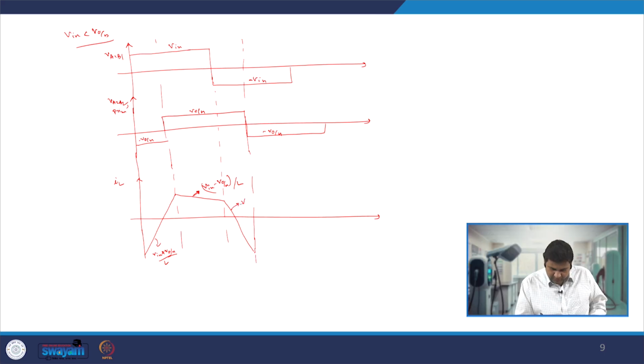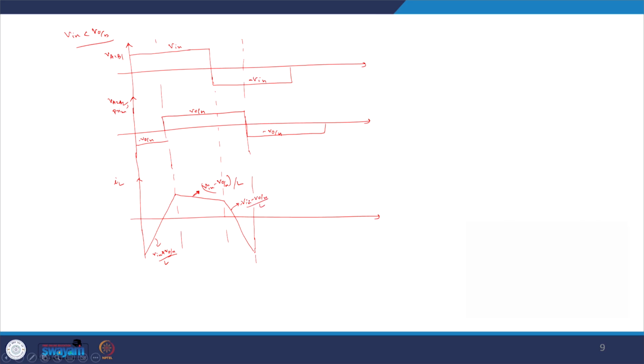This slope is nothing but minus V in minus V naught by N by L.